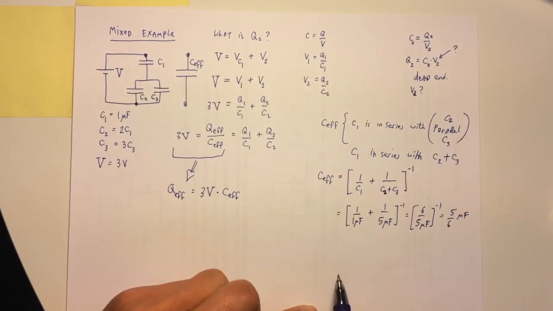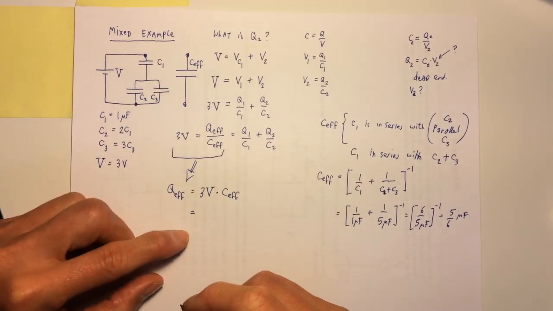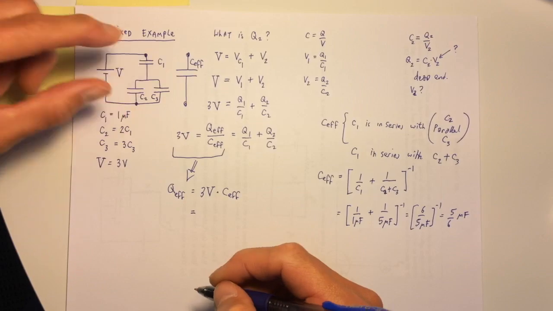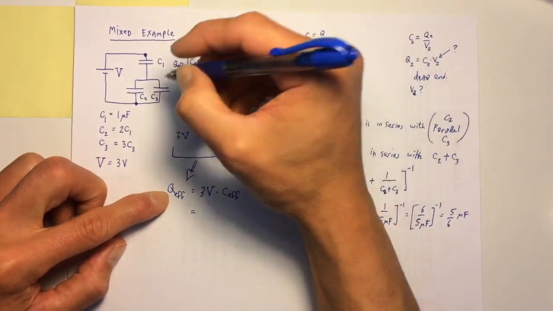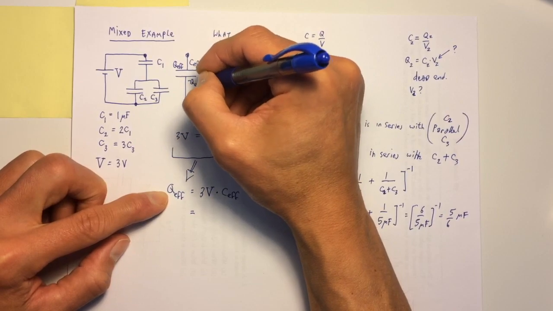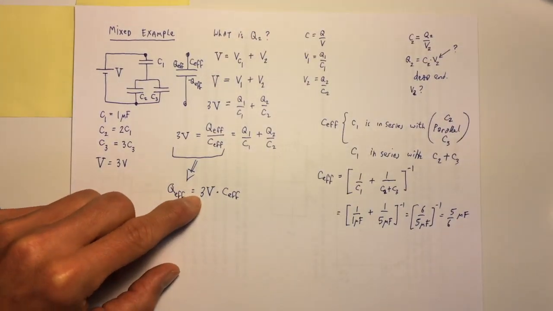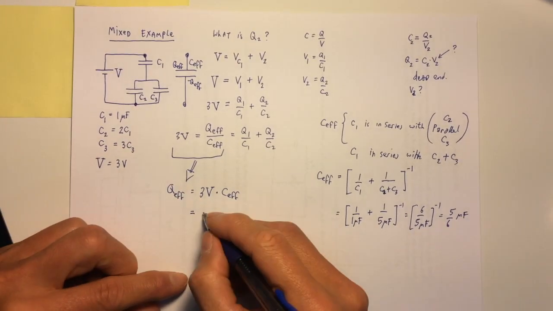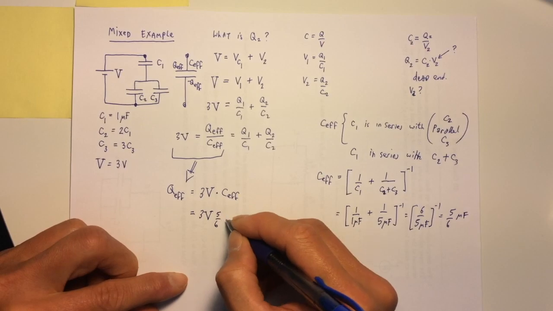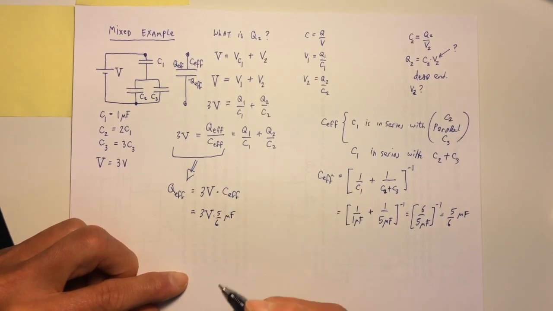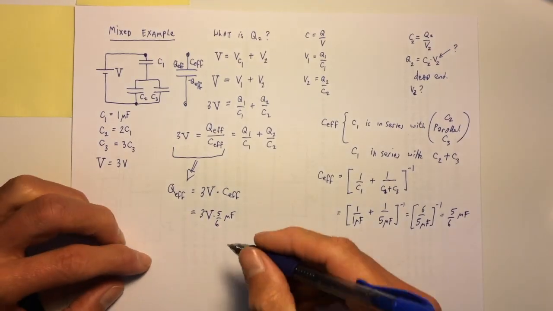That's the effective capacitance. So if the charge separated over the effective capacitance, you might say that that's Q effective on top and negative Q effective on the bottom. That's the charge separation, is 3 volts times 5 over 6 microfarads. And a volt times a farad is a coulomb, so this is microcoulombs.